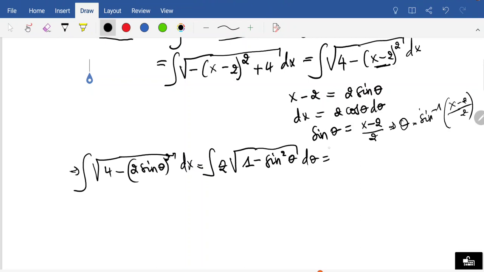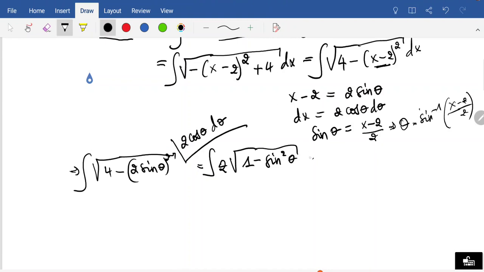Oh sorry, completely forgot something here. This dx is supposed to be 2 cos theta d theta, right?